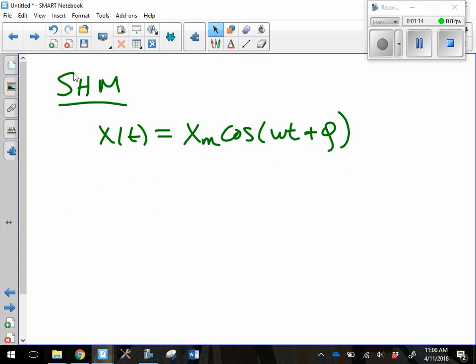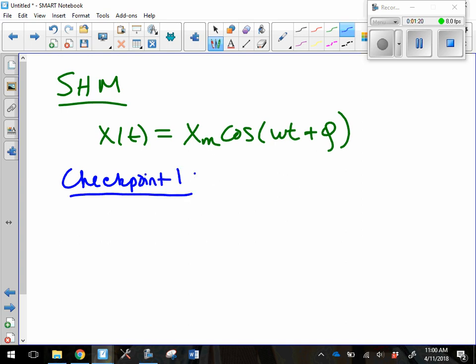So we were working with checkpoint 1. And the first thing that we had to do was to come up with the equation of motion, which we did. And what was that? We used the initial conditions. We figured out what it was. It should be there in your notes.